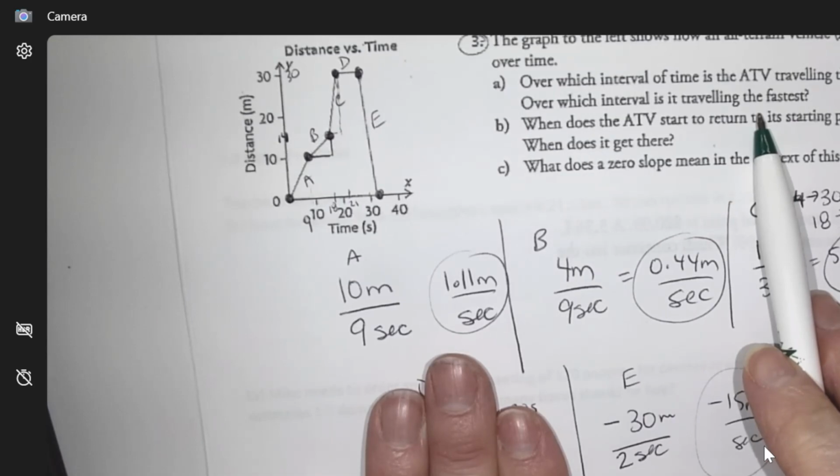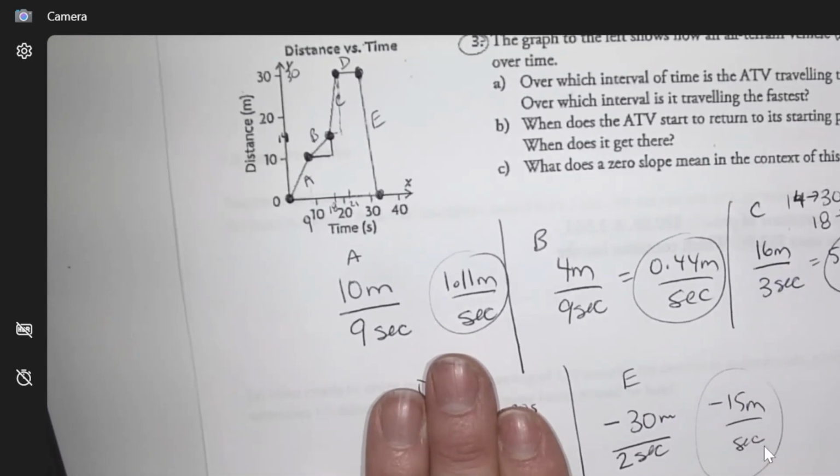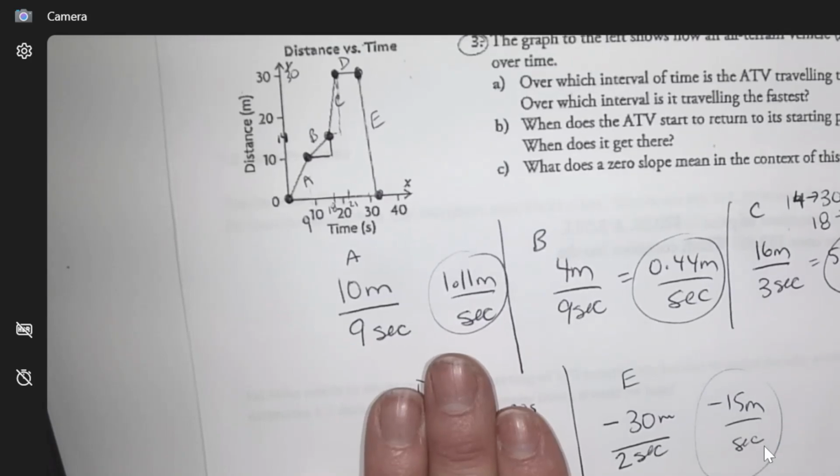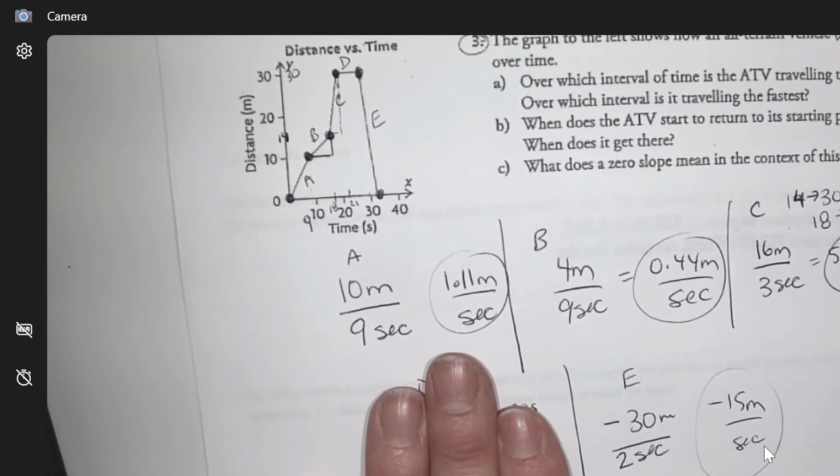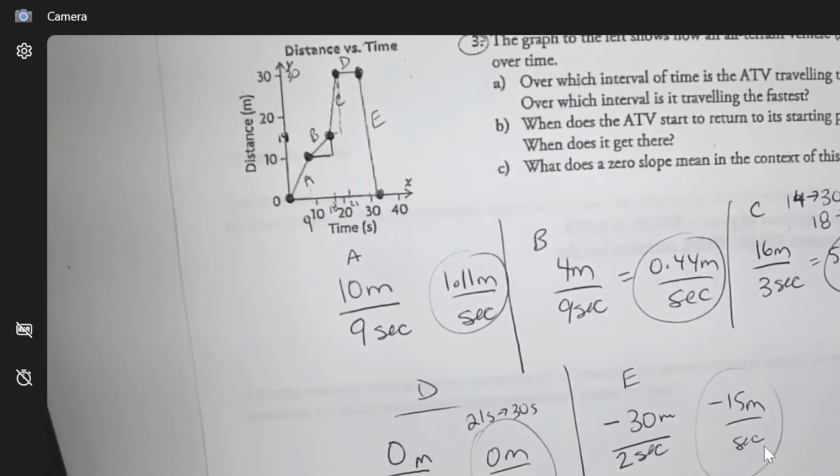Which interval was the fastest? Which has the biggest number? Section E. That was the biggest number. 15, bigger than a 5. It doesn't matter that it's negative. Negative is just something else we're going to get to.